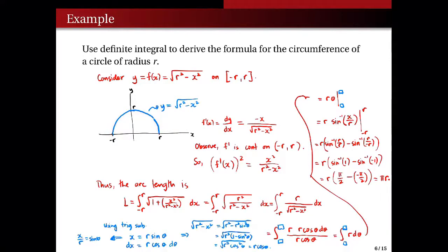We need the circumference of the circle. We multiply this by 2. And now you see the familiar formula.